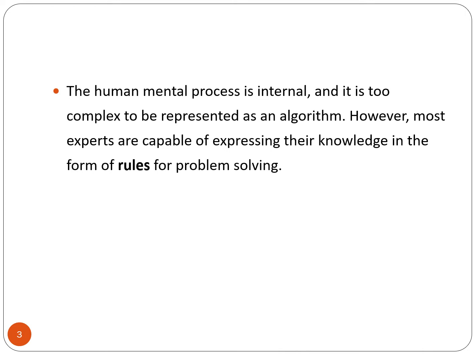The human mental process is internal, and it is too complex to represent as an algorithm, even though nowadays people try to mimic and model the brain, how our brain thinks. That gave rise to the artificial neural network.